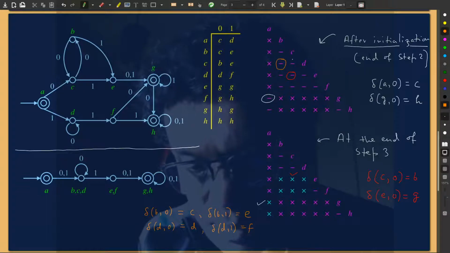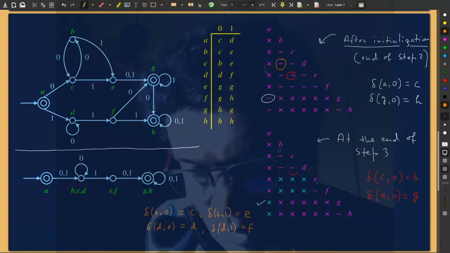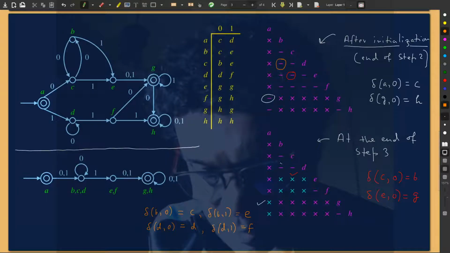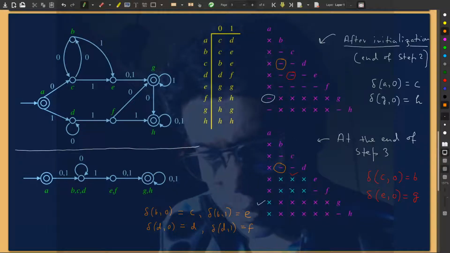Here I can see CD is not marked. What about EF? EF is not marked. So at this point CD is not marked, EF is also not marked. So I cannot mark this. It will stay like this. And you will see that this is the final state.